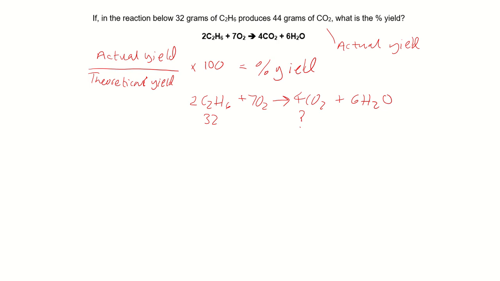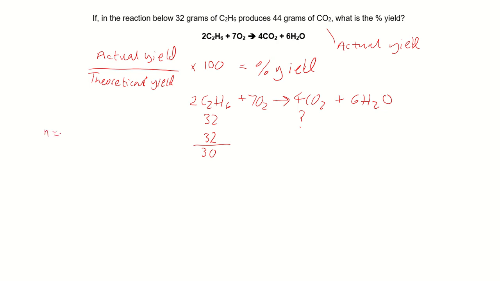Okay, so now we've got 32, we need to get the mass of C2H6. We know carbon is 12, there's 2 of them, so that's 24, plus 6 hydrogens, that makes 30. So if we divide 32 by 30, this would equal the number of moles. Remember this equation?